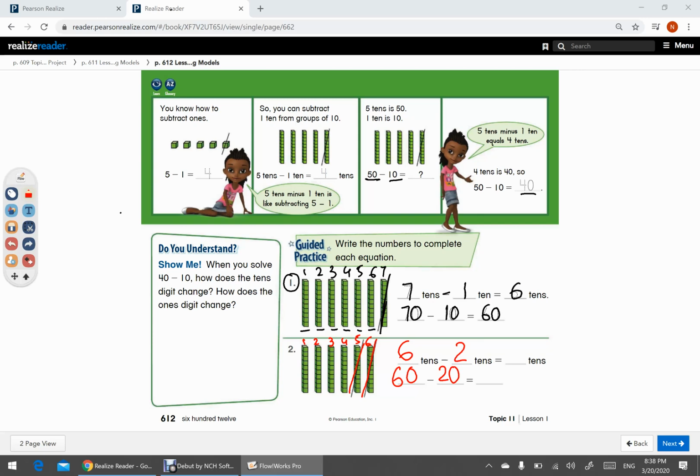So what are the remaining? 1, 2, 3, 4. So 4 10s will be 40. Excellent, boys and girls. You are smart, all of you.